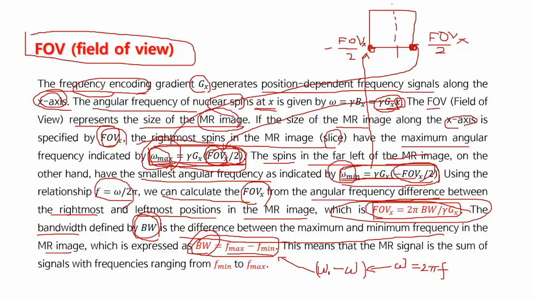This means that the MR signal is the sum of signals with frequencies ranging from f minimum to f maximum.